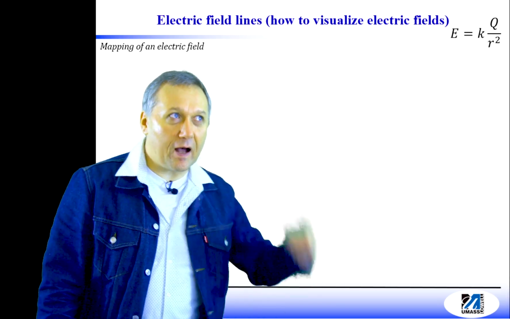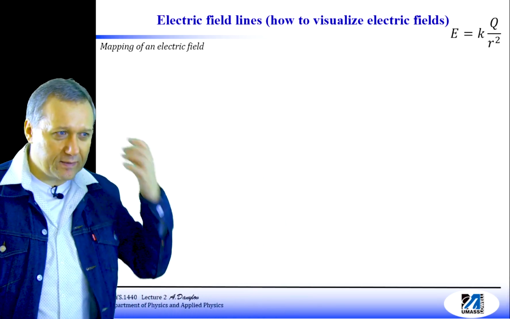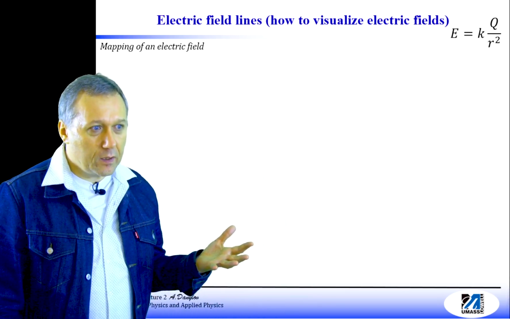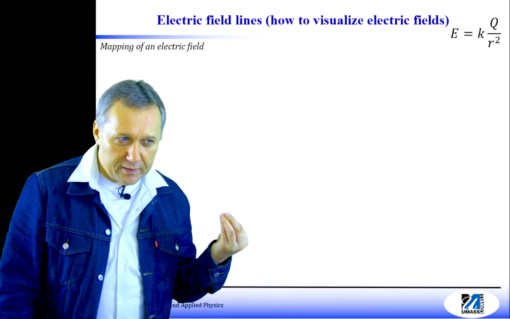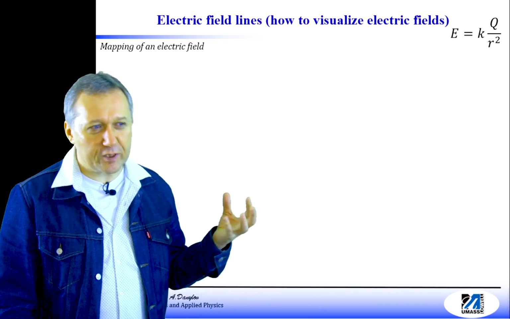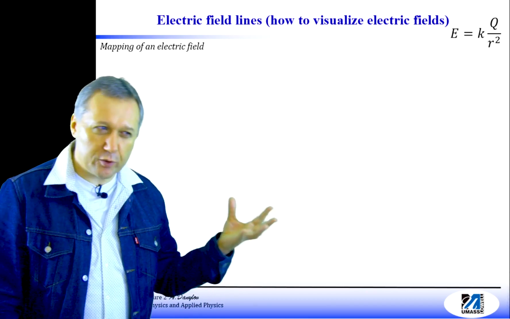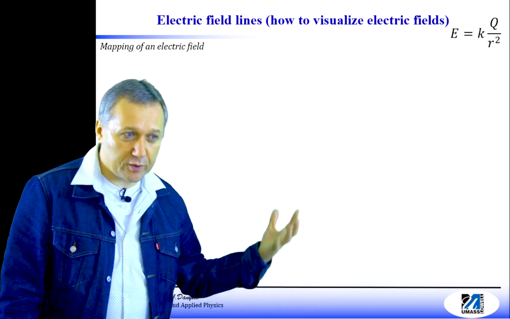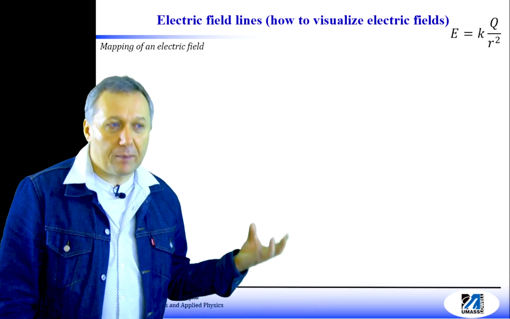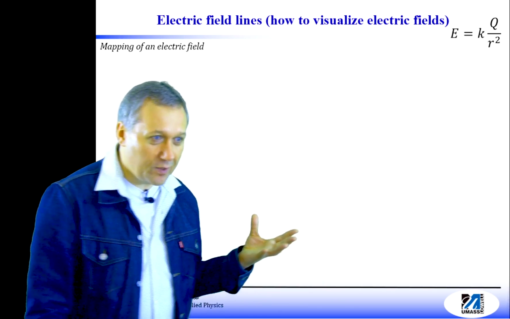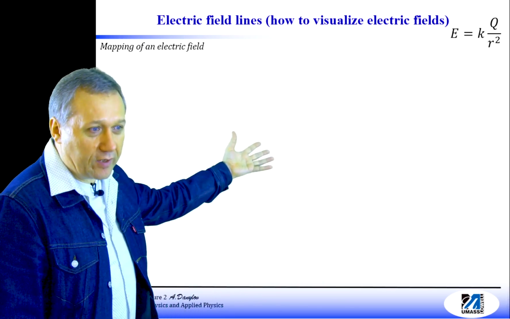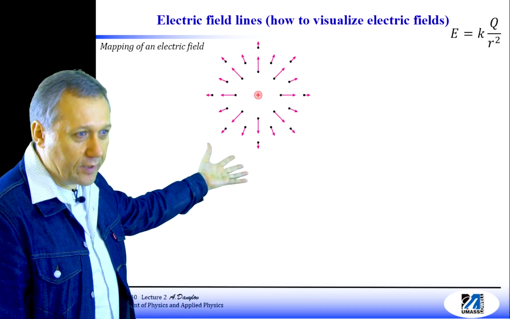First, of course, the idea of how we can visualize this electric field is what is called mapping the electric field. Usually the first lab experiment which students do during the normal semesters at school is to map the electric field. So what does it mean? For example, the simplest situation: a point charge which creates the field.